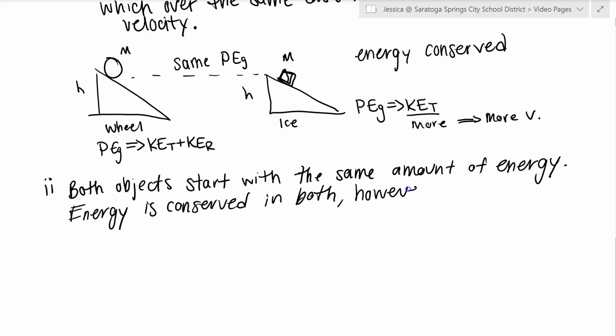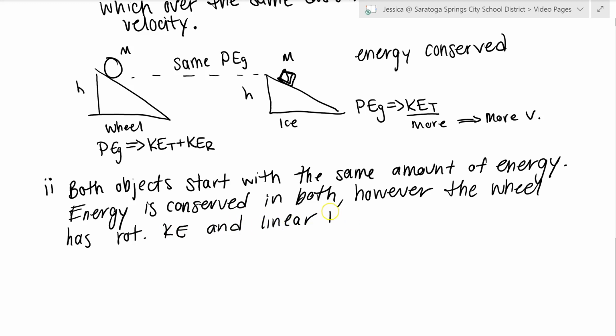However, the wheel has rotational kinetic energy and linear kinetic energy at the bottom of the hill.